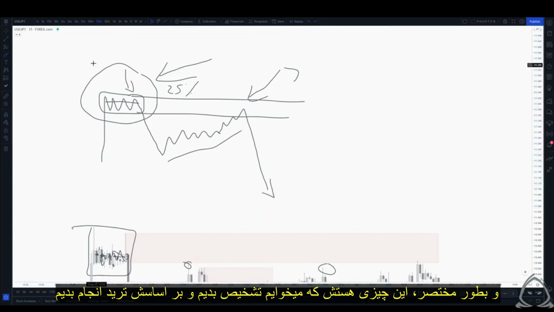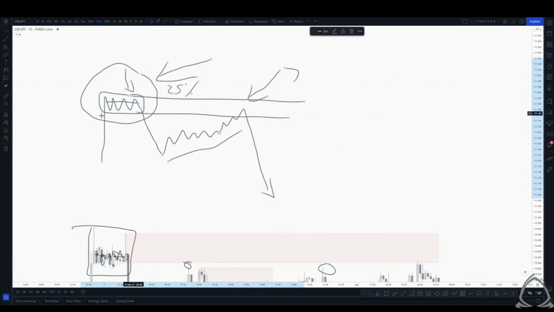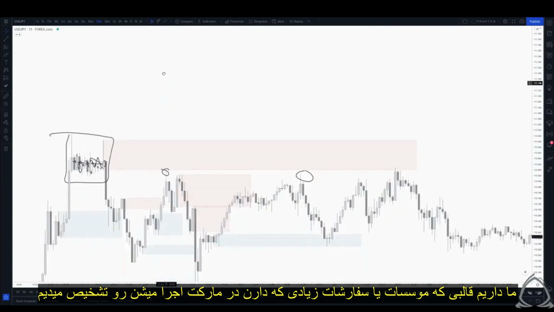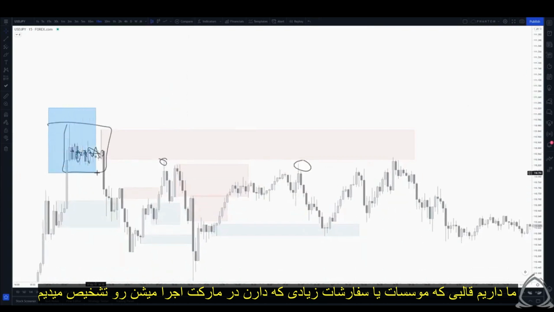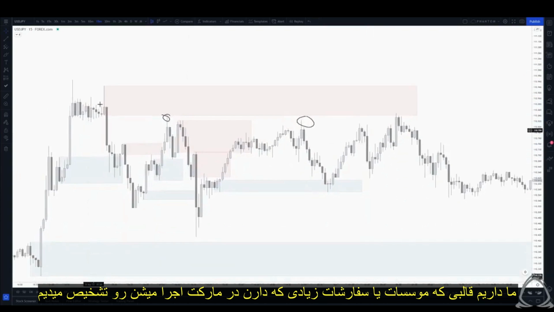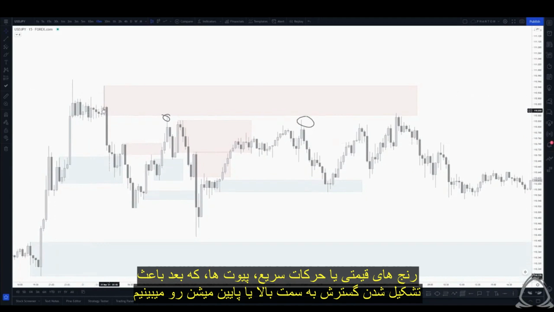And in a nutshell, this is what we're attempting to identify, and what we're attempting to create trades based off of. We are identifying the framework in which institutions or large series of orders are being placed in the markets, and that's why we see ranges in price or sharp moves, pivots, that then create an expansion to the upside or the downside.